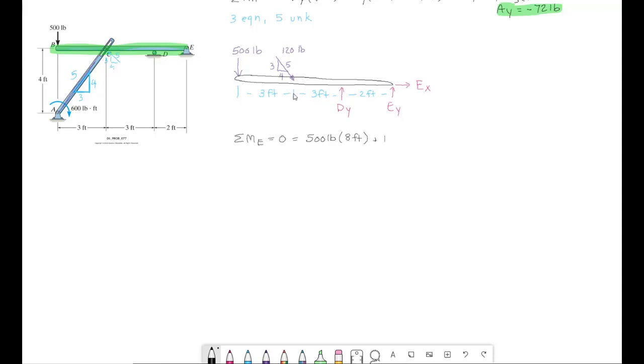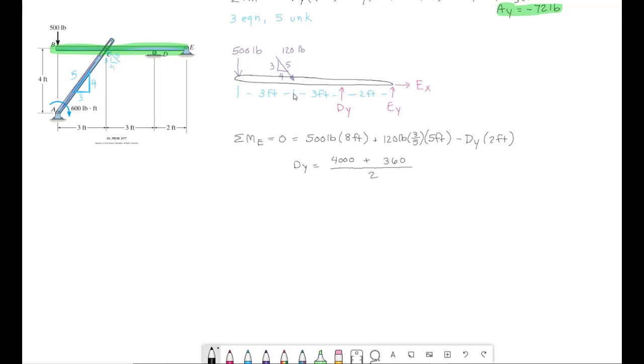Plus 120 pounds. But I don't need all of it. I just need the vertical component, so 3/5. And that's a distance away of 5 feet. And then I'm going to do minus DY times 2 feet. DY is going to cause clockwise rotation.